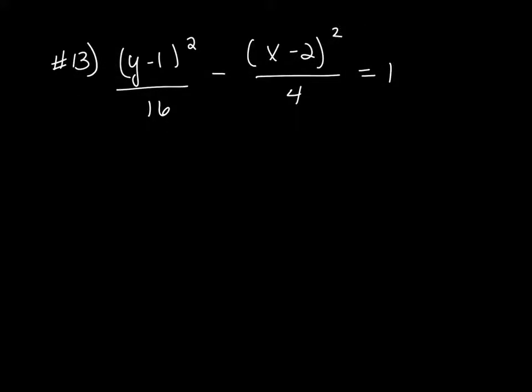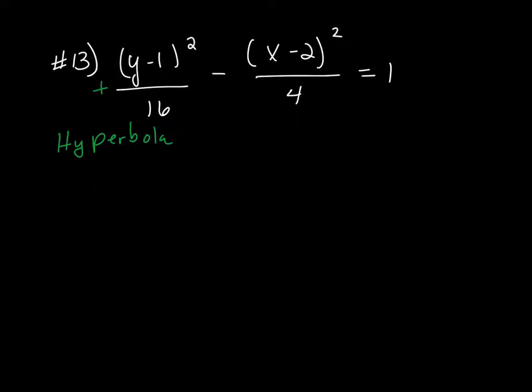All right, so let's go ahead and look at a few things here. Looking at what I have, when I see that this is a negative sign here, I do know that this is going to be a hyperbola. And then the other thing is that I see what I have here. This first term is my positive term. That is my y.